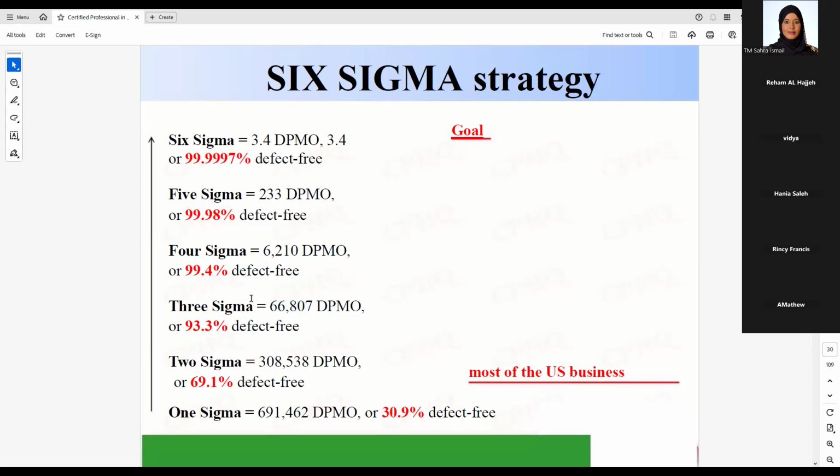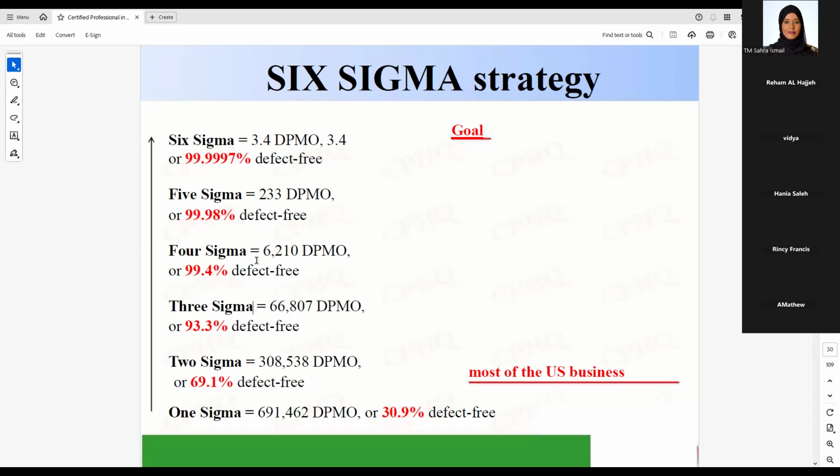Again, if you are the owner of the water bottles production company, will you accept this? Would you say, mashallah, I am 97, so I'm okay? No. Factory owners, what would you say? If you're creating 66,000 defective products, of course you will not be happy.